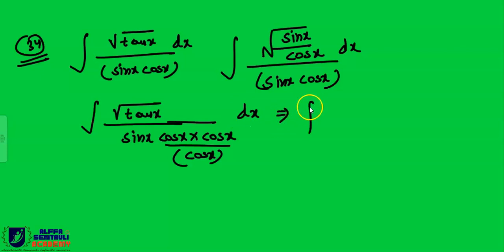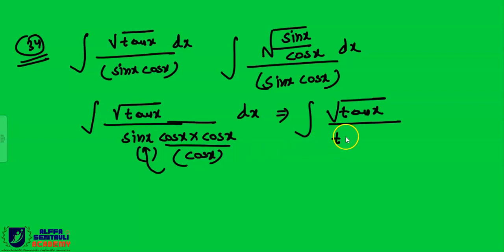This is very easy. This is root tan x written as it is. Forget this thing. Focus on this from here to here and then here. So I can take this cos term over here, sin x upon cos x. So sin x upon cos x can be written as tan x, correct?